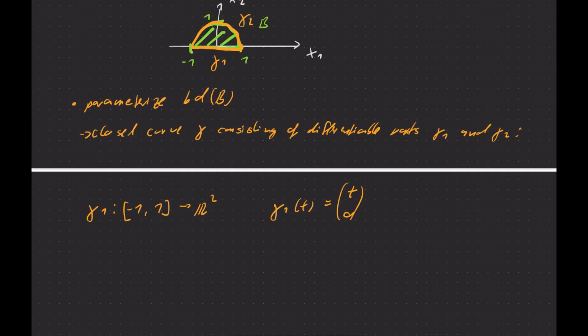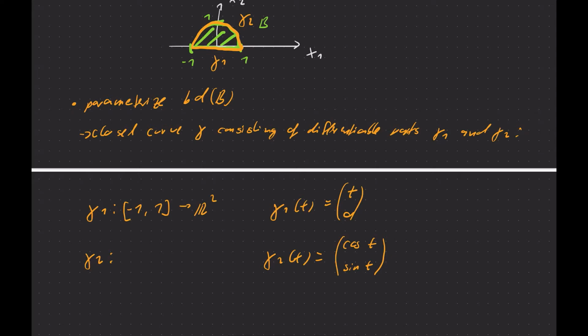The second curve is the half circle. We do know the description for the circle. You remember that it can be parameterized as cosine t, sine of t. For moving around the whole circle, that t will vary from 0 to 2 pi.